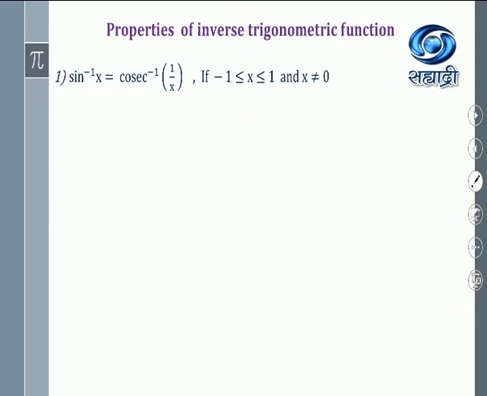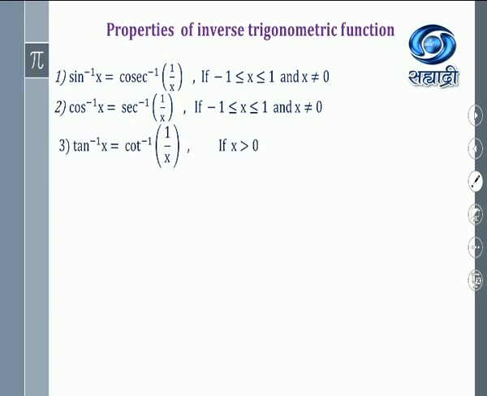Remember the property. Okay. Second, cos inverse x is sec inverse 1 upon x. The conditions we'll have to remember: x is less than or equal to 1, greater than or equal to minus 1, and x is not equal to 0. Number 3, tan inverse x is equal to cot inverse 1 upon x.